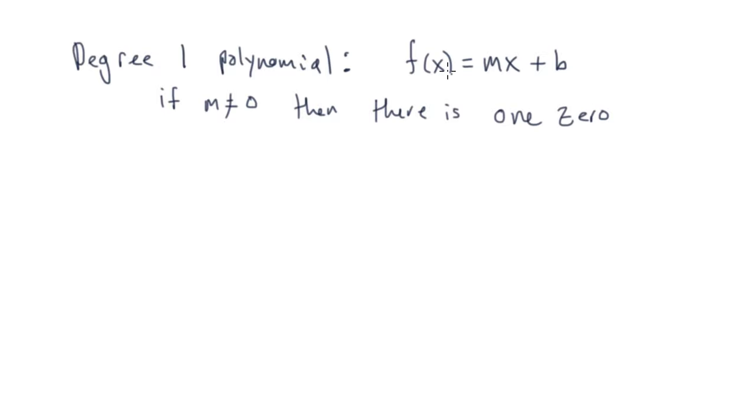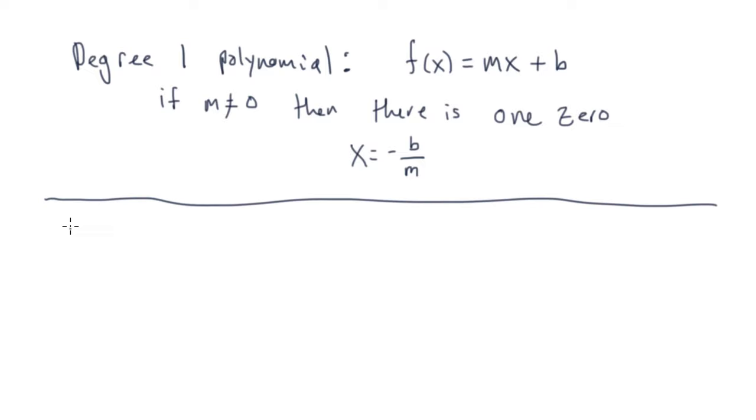And it's given by, well, you just set this equal to 0 and solve for x. Okay, so it's going to be negative b over m. That's going to be the zero of the degree 1 polynomial, the linear function. Okay, so you just plug in negative b over m, you're going to get 0 for the function, assuming that m is not equal to 0.